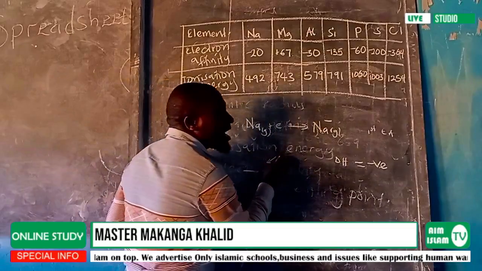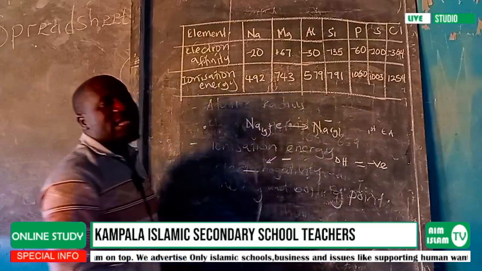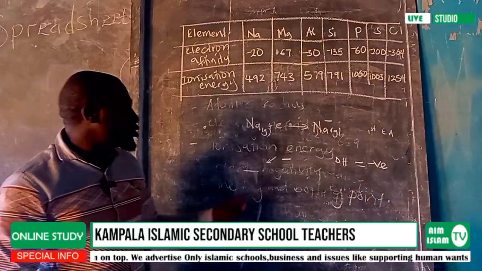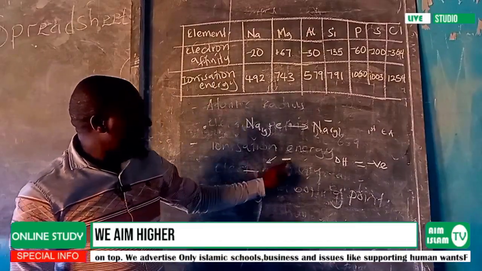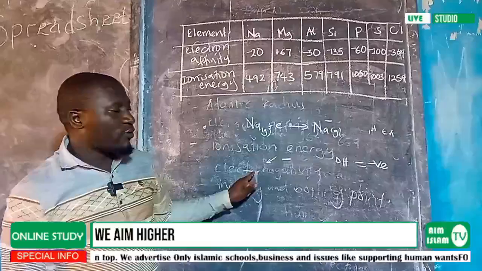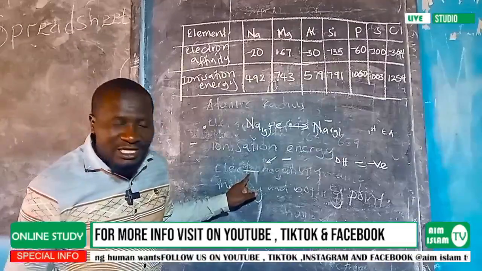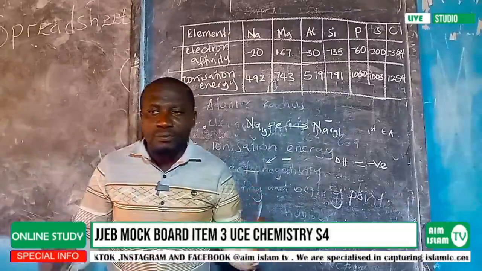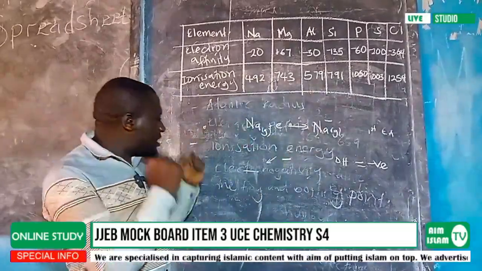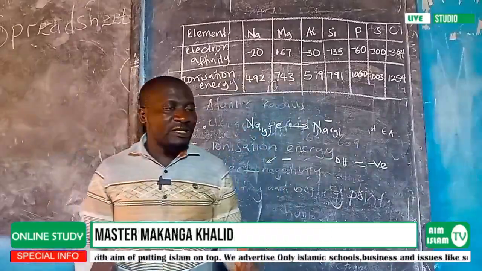So these incoming electrons will find atoms or ions which are negatively charged. You have a negative ion and a negative electron.